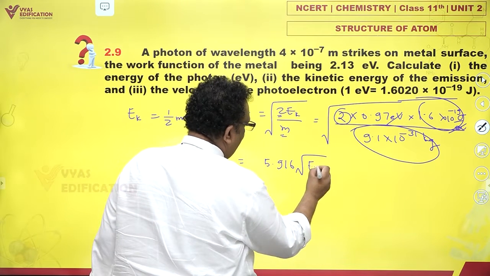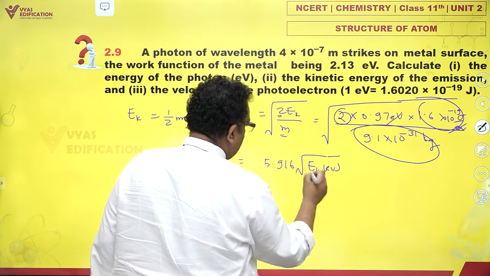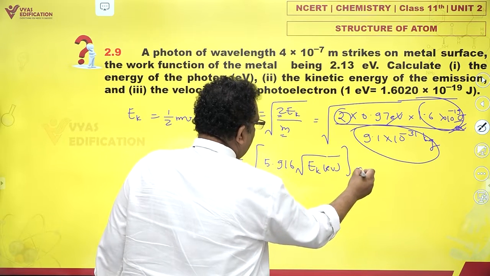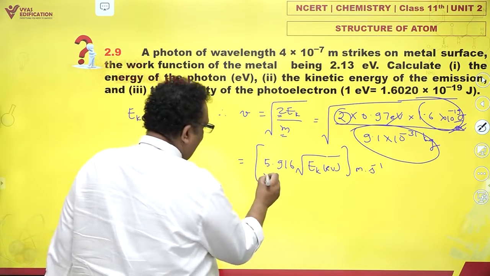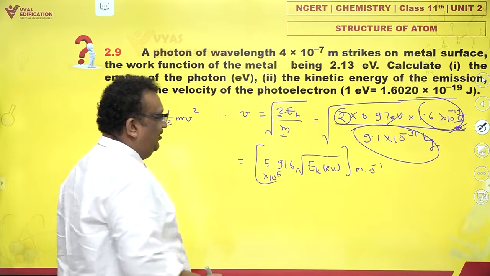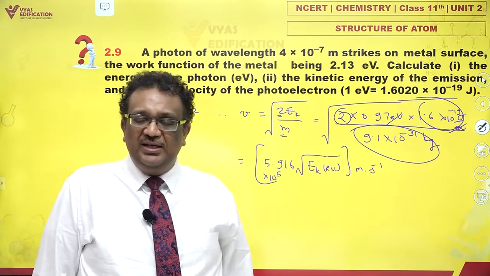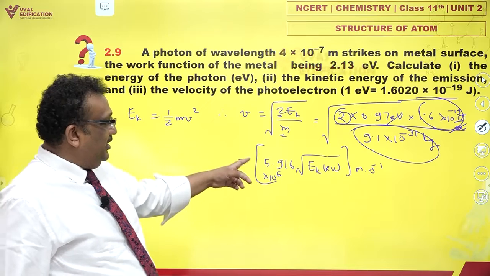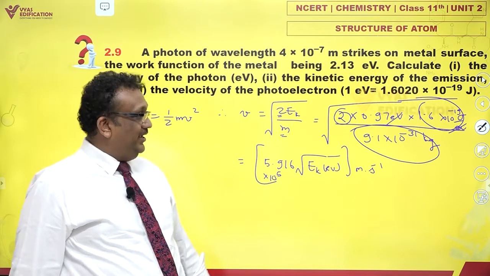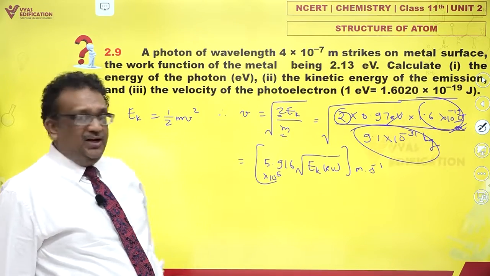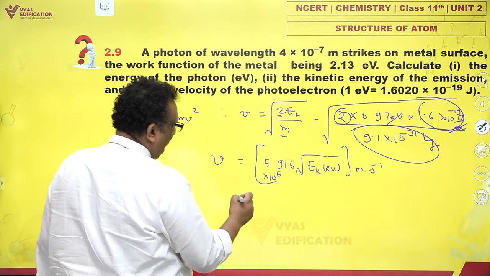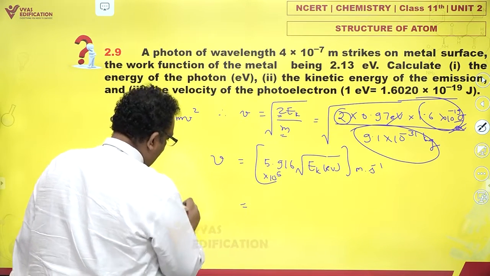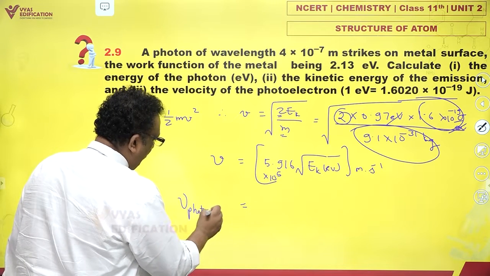As calculated, it comes out to be 5.916 into 10 raised to 5 times the root of the kinetic energy in electron volts, in meters per second. If you want, you can simply take this as a formula. This is the velocity of the photoelectron.